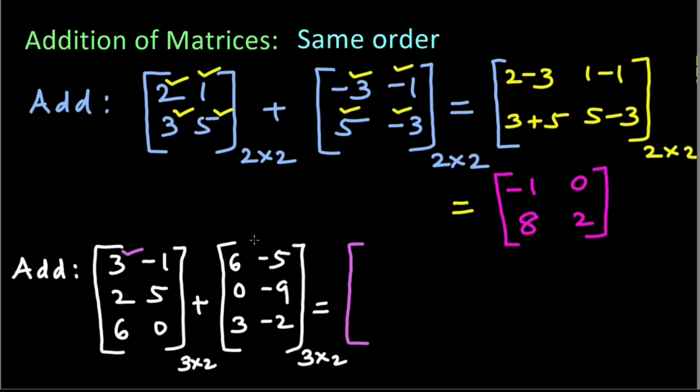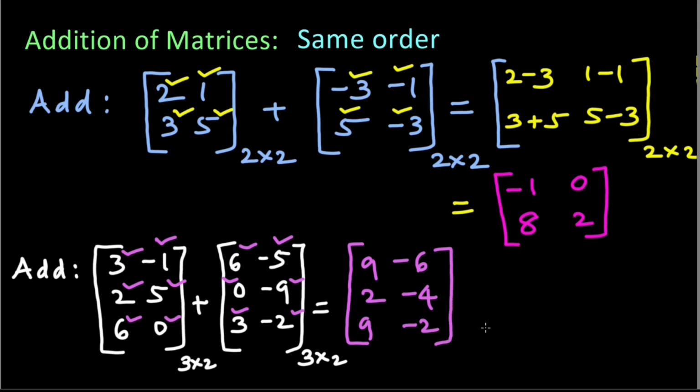So we add 3 and 6, which is 9, -1 and -5, which will be -6, 2 plus 0, which will be 2, 5 minus 9, which will be -4, 6 plus 3, that will be 9, and 0 minus 2, that will be -2. So this is the resultant 3 by 2 matrix after adding these two matrices. So this is how addition of matrices is carried out.